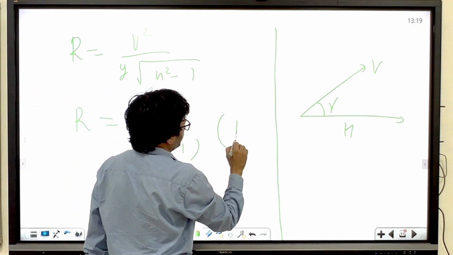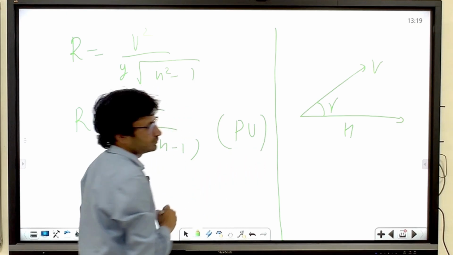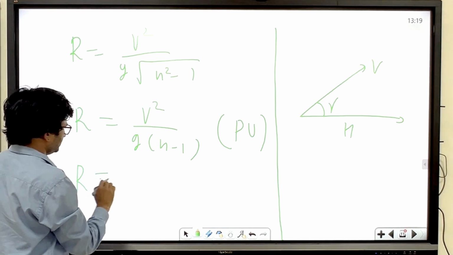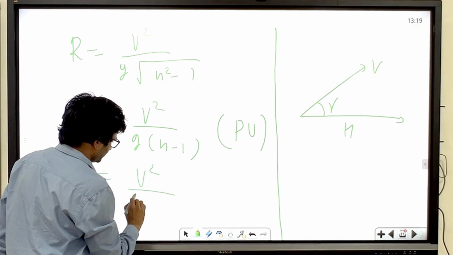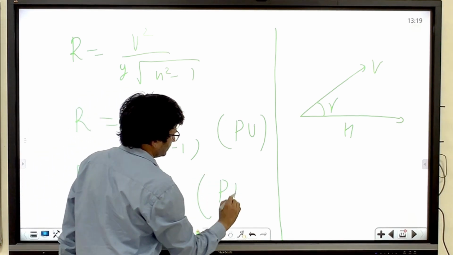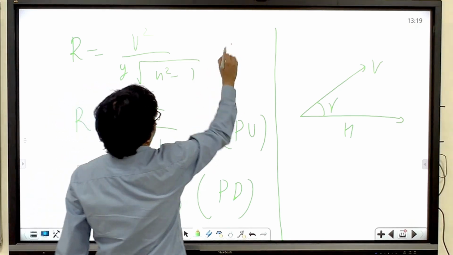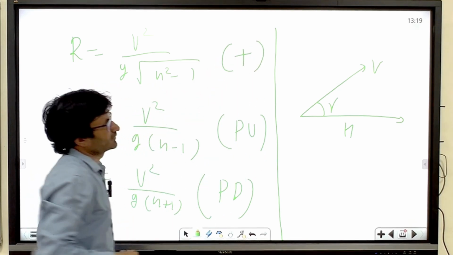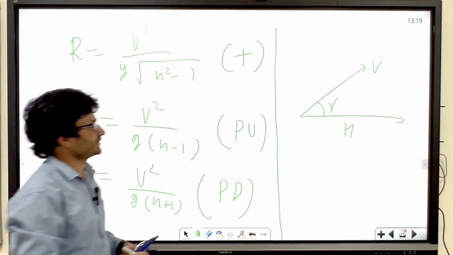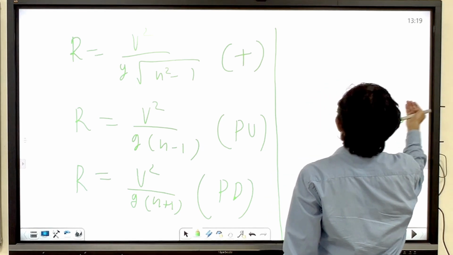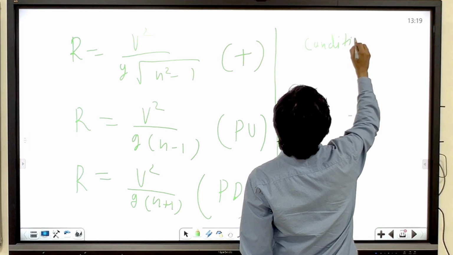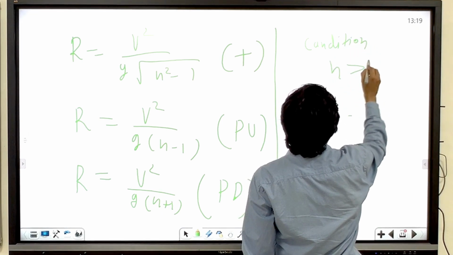I will say pull up, and this is V square by g(n plus 1), this is pull down. Okay, and this is turning flight. You put the condition here. The condition is n is very much greater than 1.